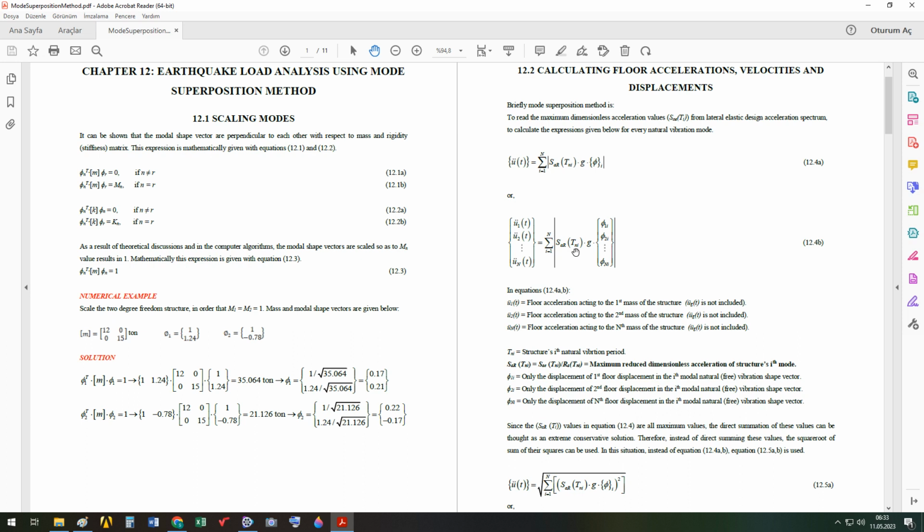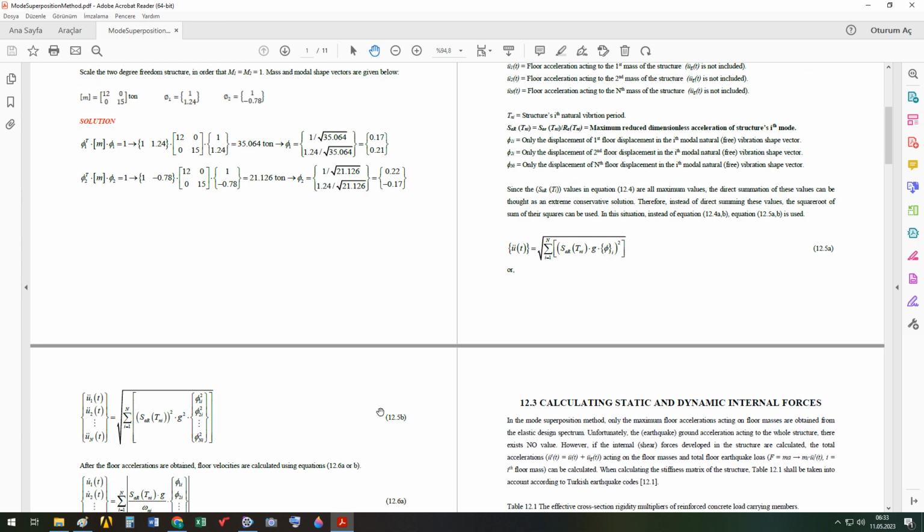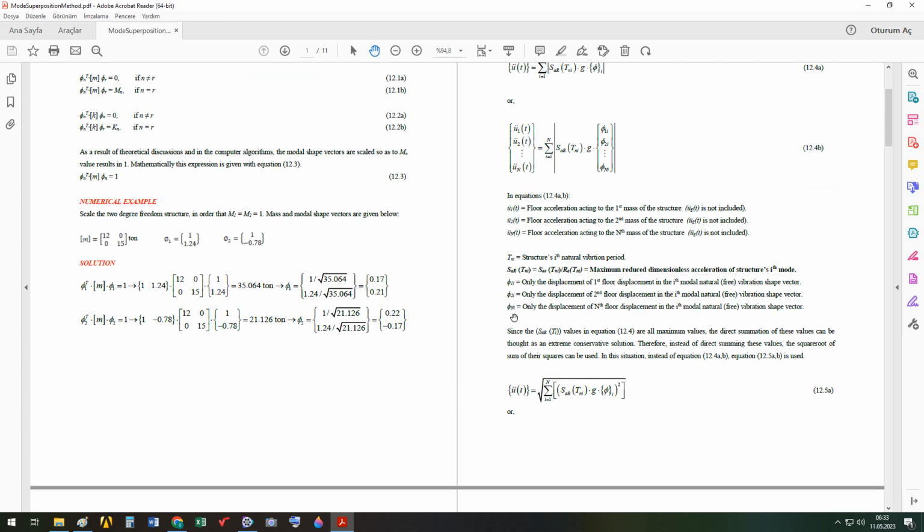In the example we will understand. But this value is reduced by this formula according to Turkish code. The calculation of this reduction factor is not explained here. It's for Turkish engineers.